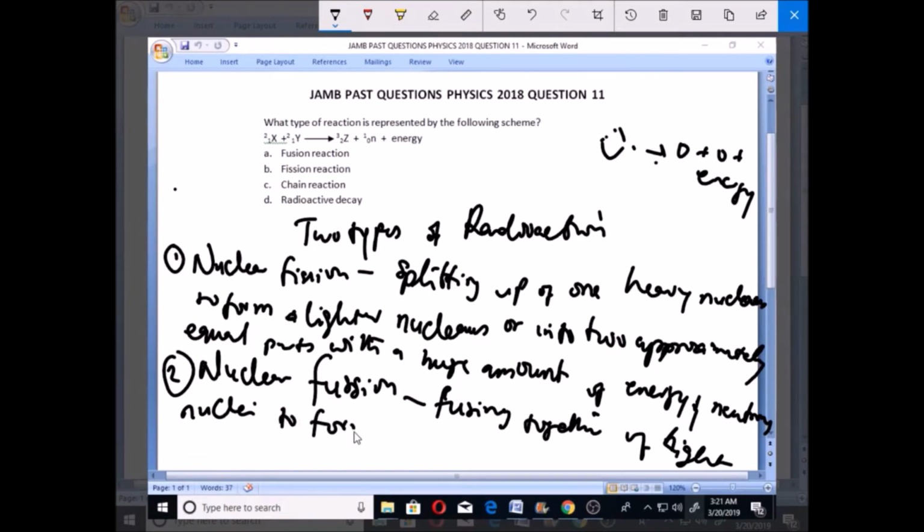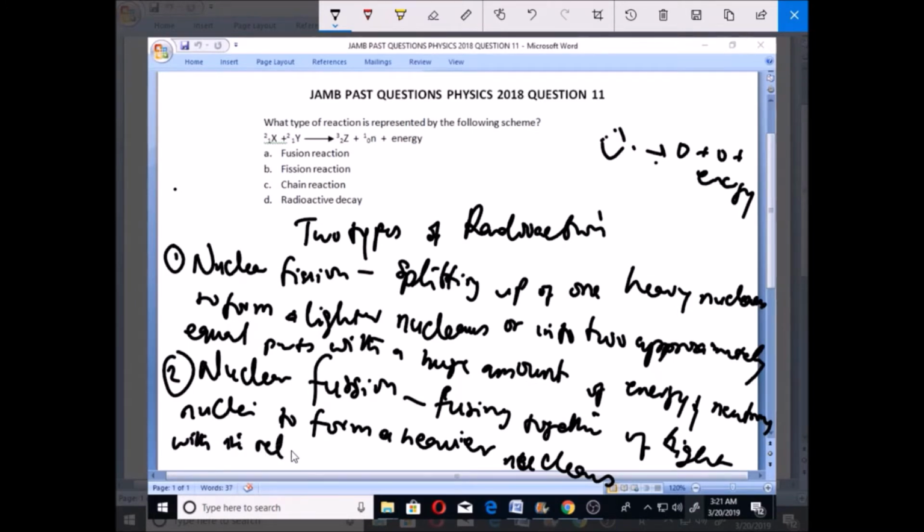When they are coming together, we call it fusion. When they are breaking up, we call it fission. So when smaller ones come together to form a heavier nucleus, we call it nuclear fusion.